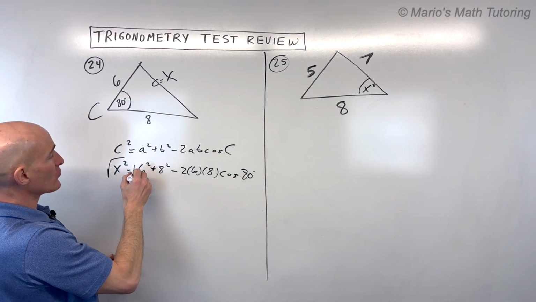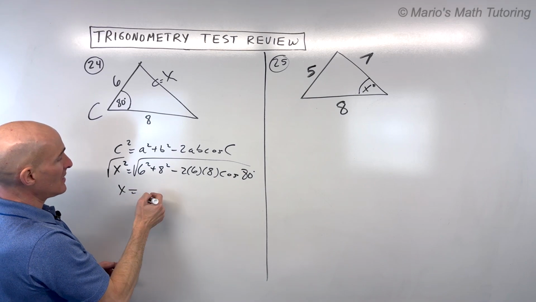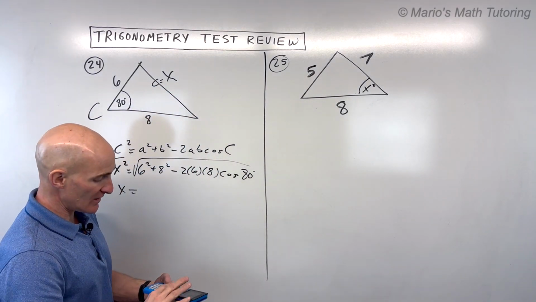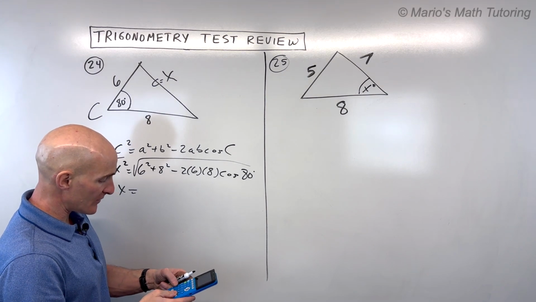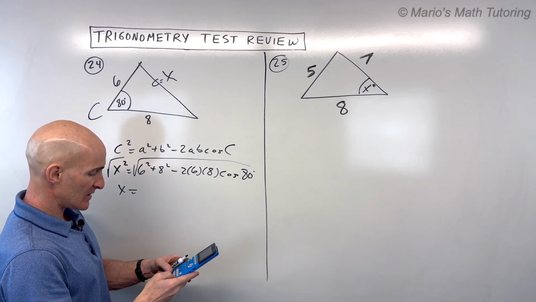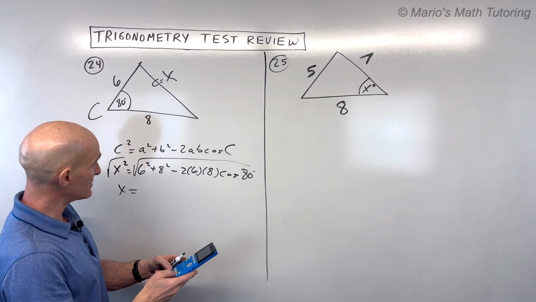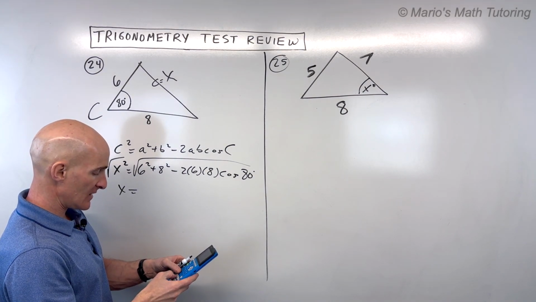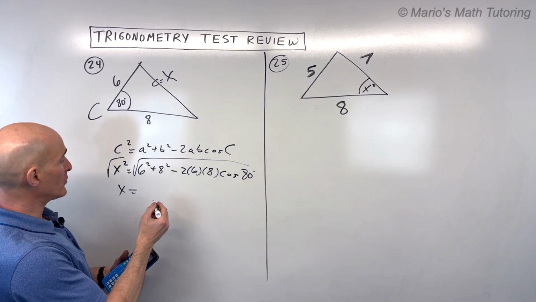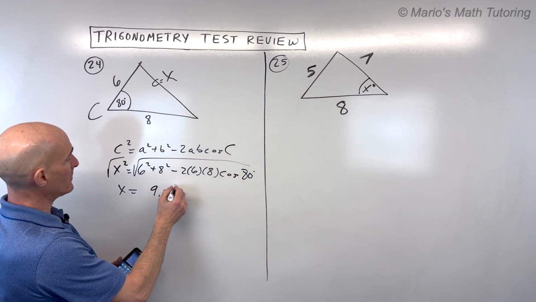I'm going to take the square root of both sides, and that's going to give us our missing side length here. So let's see what that comes out to. We got the square root of 6 squared plus 8 squared minus 2 times 6 times 8 times the cosine of 80 degrees. Okay, that's 9.1. We'll just say approximately 9.1.